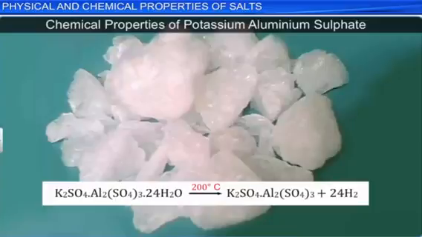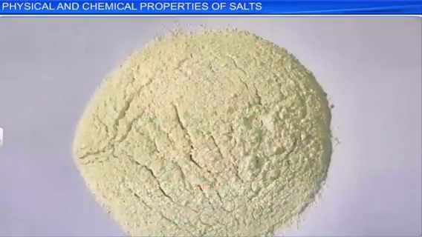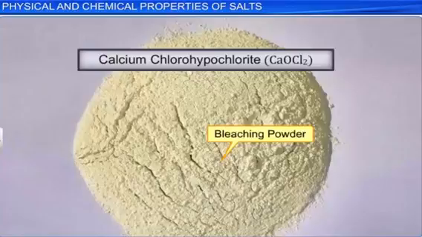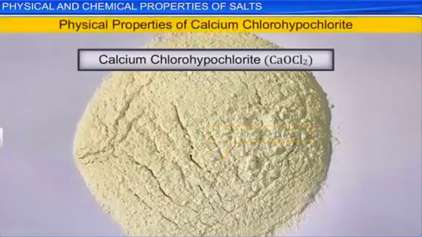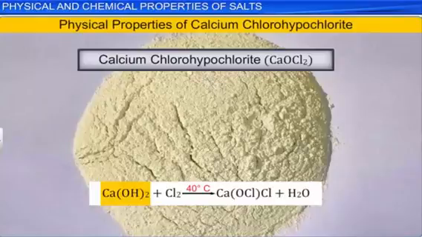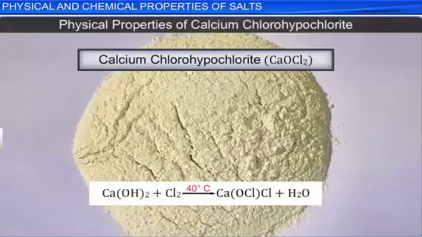Another salt is calcium chlorohypochlorite, also known as bleaching powder. It is prepared when chlorine reacts with dry slaked lime at 40 degrees Celsius. It is a pale yellow powder with a strong smell of chlorine. It is soluble in water.